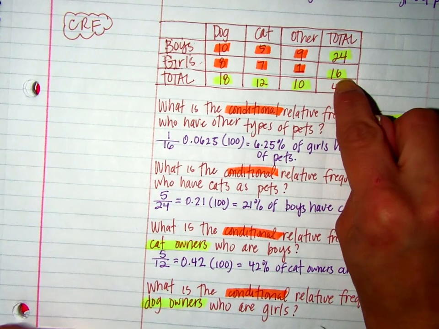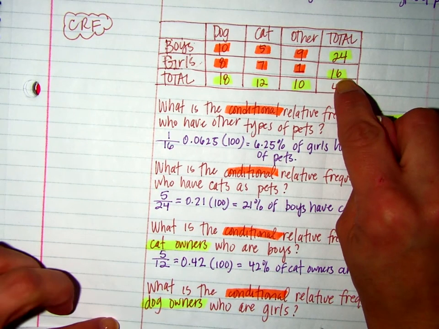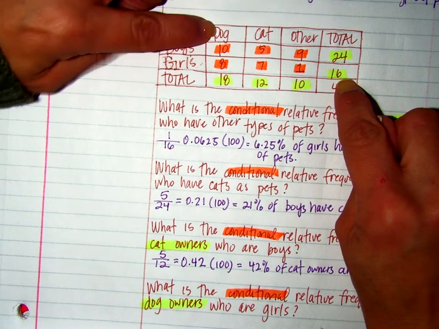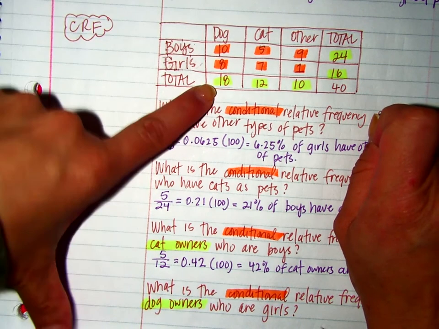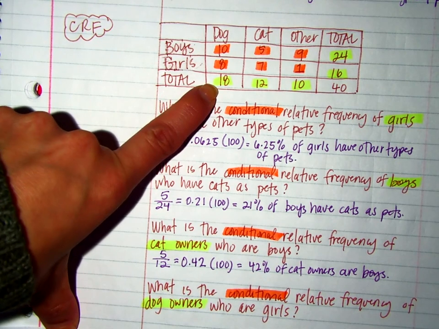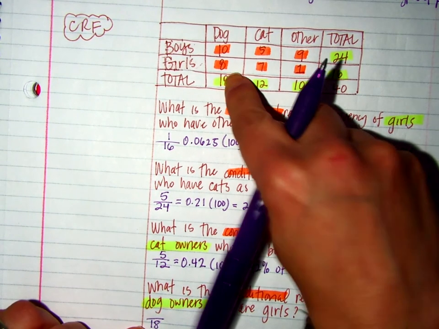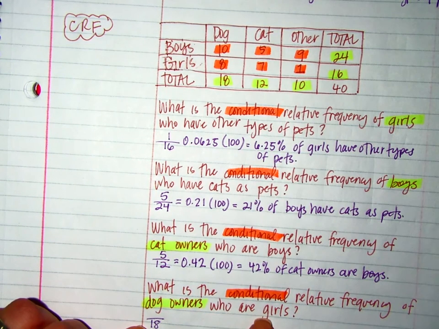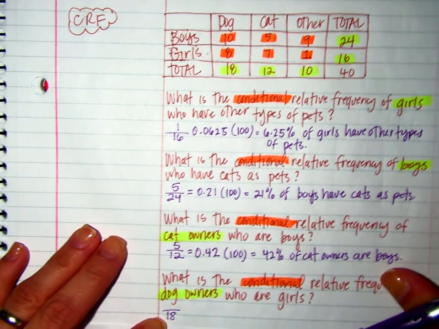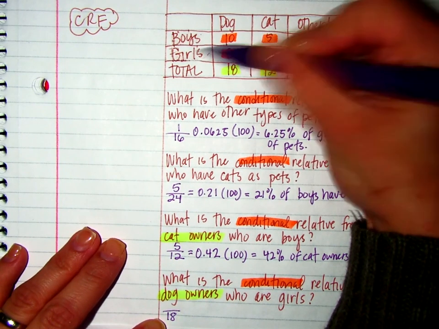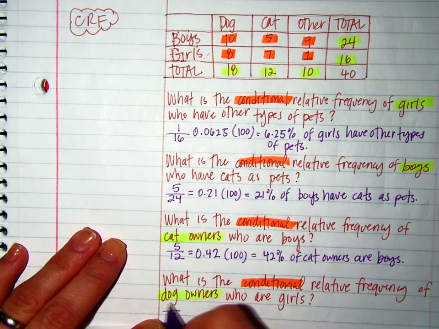Now we're looking for the total of dog owners. So I go to the dog category, and 18 people had dogs as pets. So that's going to be my denominator or bottom number. Out of 18, how many of those people were girls? That's the question. So out of 18 total dog owners, it looks like 8 of them were girls. So we're going to use 8 as our numerator.